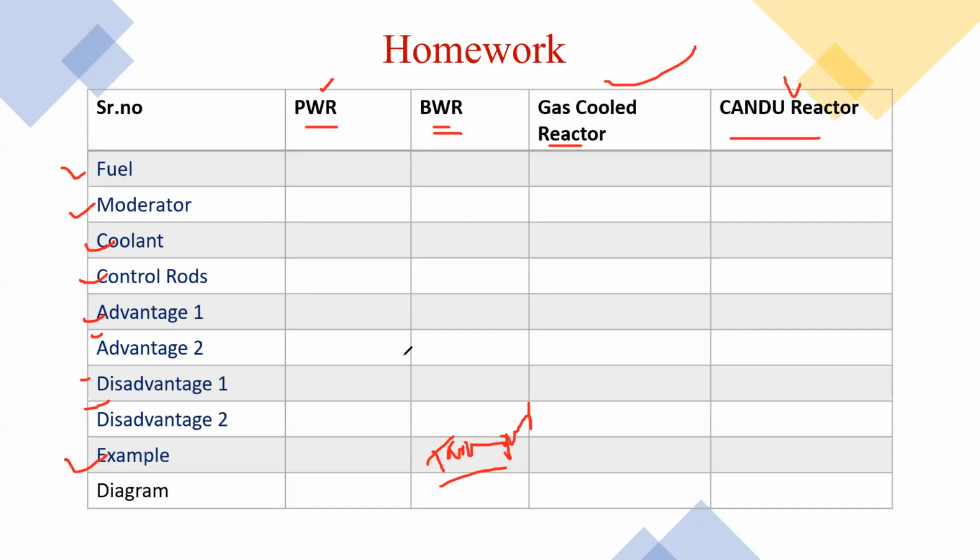In this way we can write down the city, where the plant of this reactor or pressurized water reactor is present. You have to mention the name of the plant and city. Then lastly, the diagram, and your diagram should be neat and clean. Some students do not pay much attention to these points.